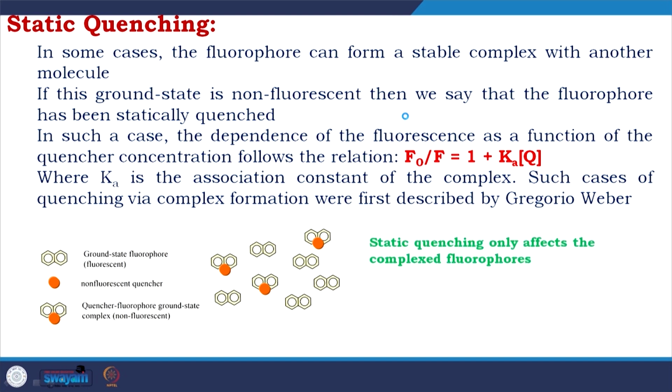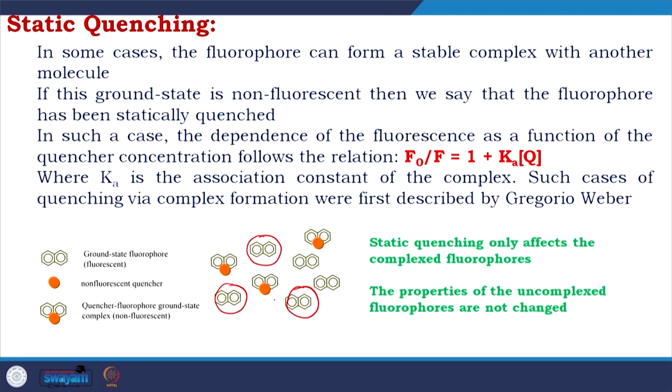So, static quenching only affects the complexed fluorophore, it would not affect the fluorophores which are free, while in dynamic quenching it could interact with any of them. The properties of the uncomplexed fluorophore are not changed, they show the properties of a normal fluorophore.